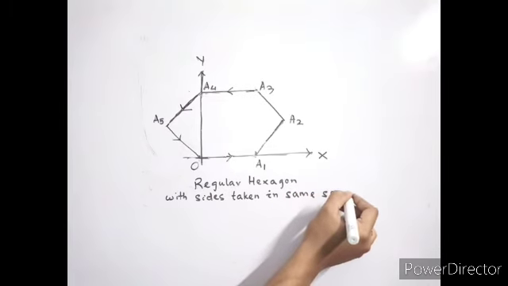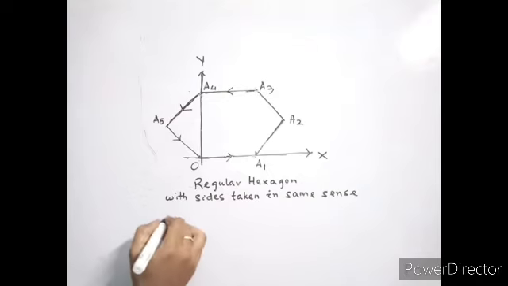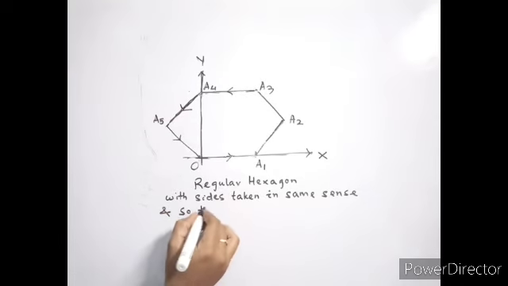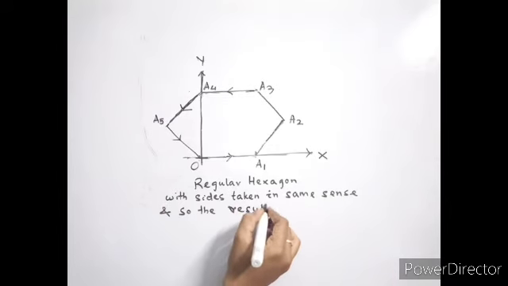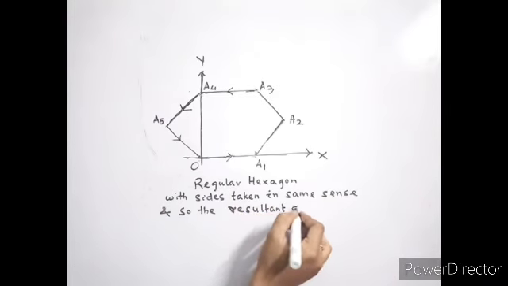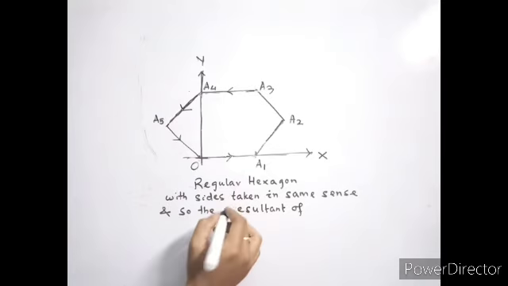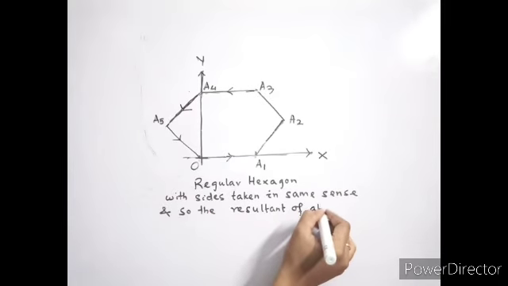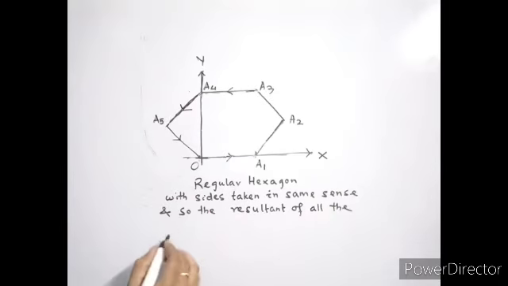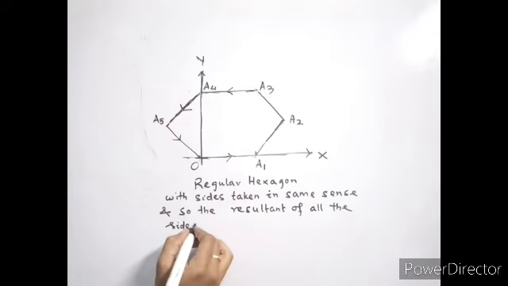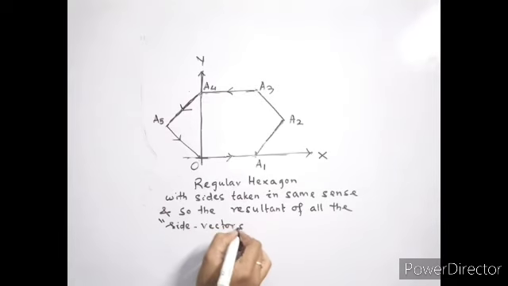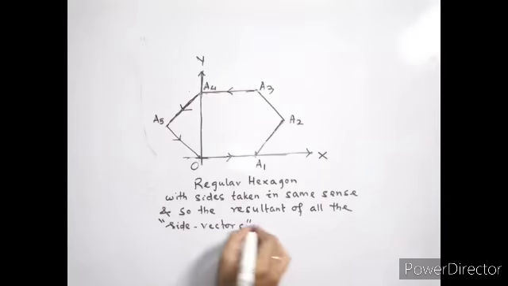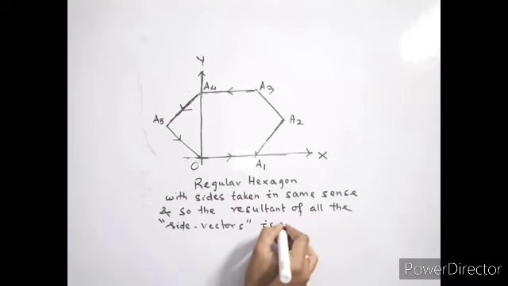Same sense means here it is in the anti-clockwise sense, starting from the origin. So the resultant of all the vectors comes out to be equal to, any guesses? Yes, the resultant of the set of side vectors is equal to 0.